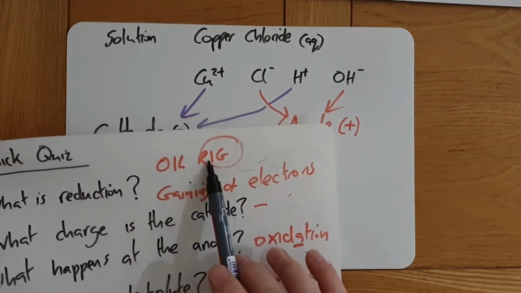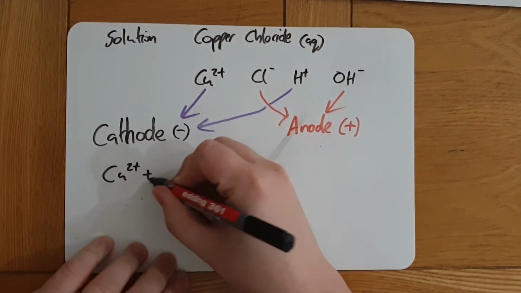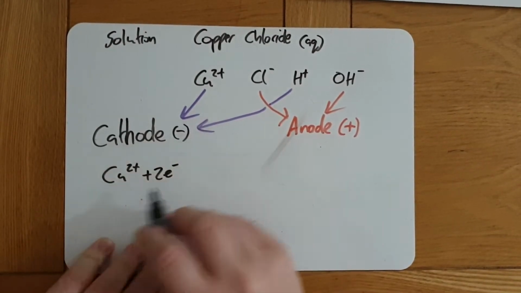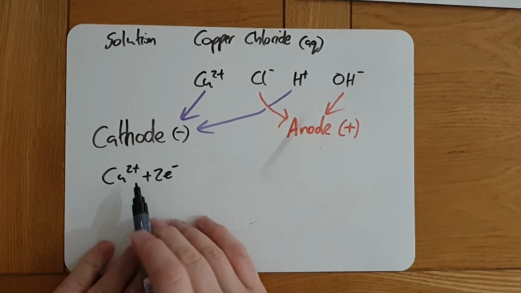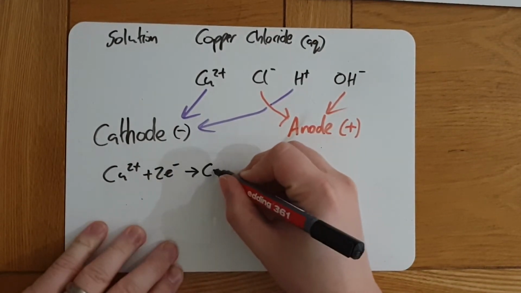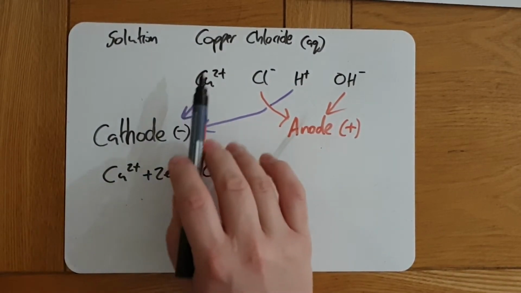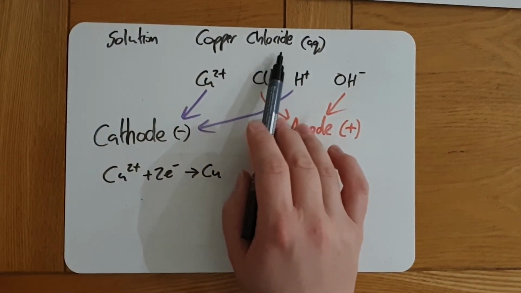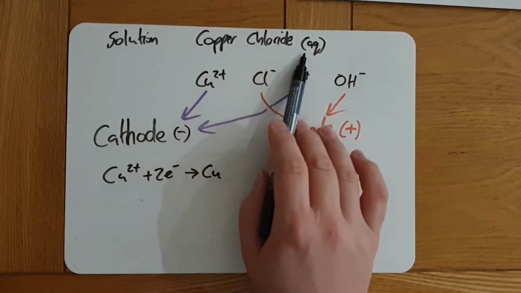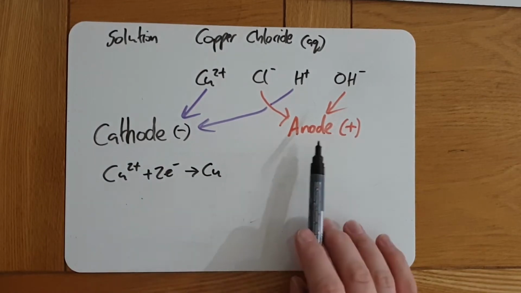OIL RIG, reduction is gain of electrons. So this is going to gain 2e-. This is a half equation that we're doing. So it's got 2+, which means it needs to gain 2 electrons. So it's going to make Cu, so it's going to make copper. So when you do copper chloride solution electrolysis, at the cathode, you get copper.